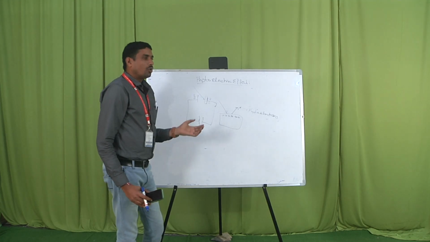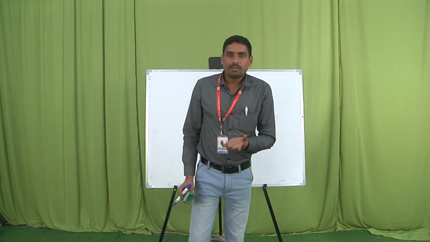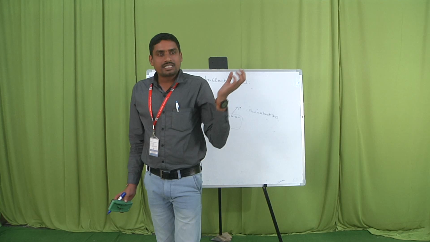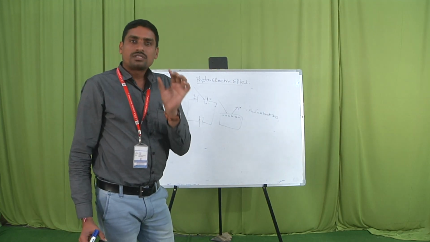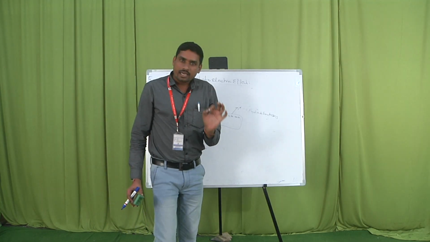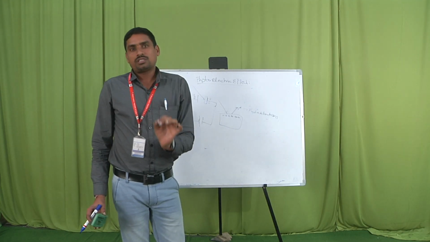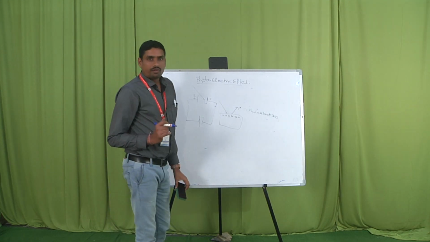It means that to eject electrons from the metal surface, the incident light must have some minimum frequency. That minimum frequency is called the threshold frequency.